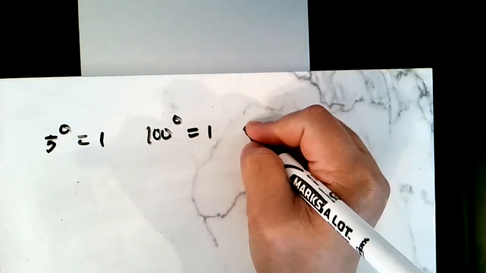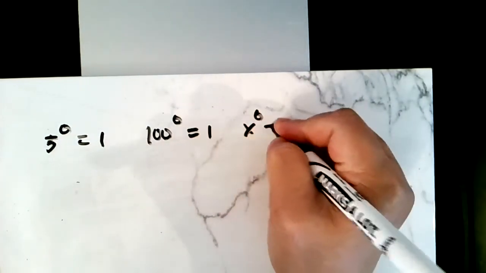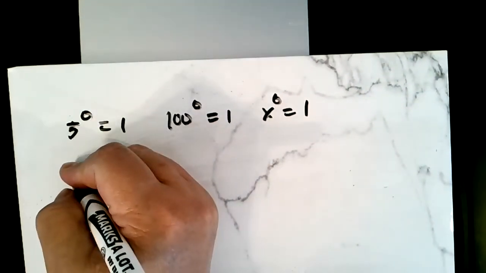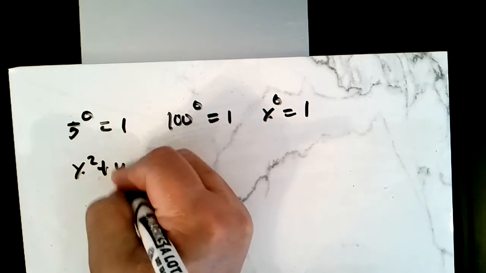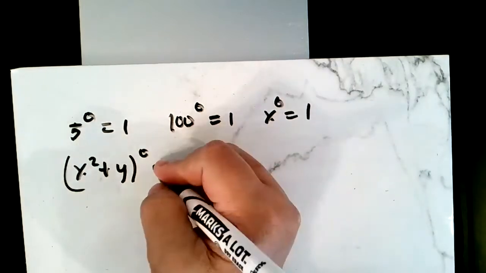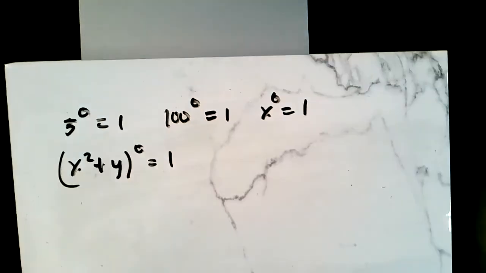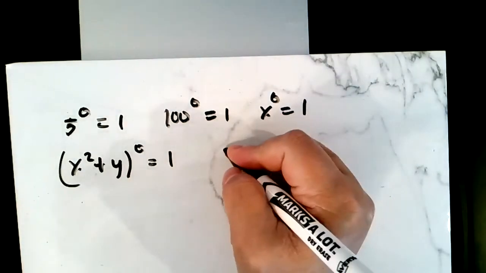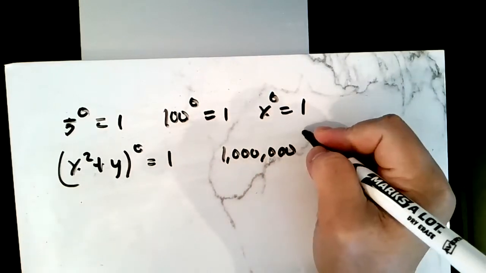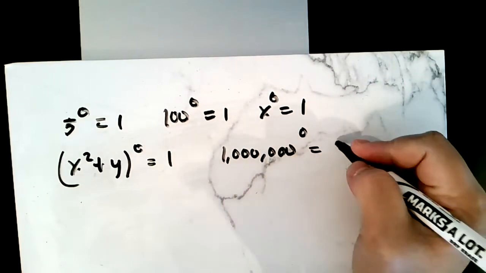It can be a variable, let's say x to the power of 0 should be equal to 1. It can also be an expression such as x squared plus y. If you raise it to the power of 0, that would still be equal to 1. And let's have a huge number here, let's say 1 million. If you raise it to the power of 0, that still will be equal to 1.